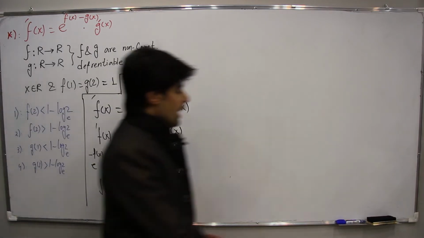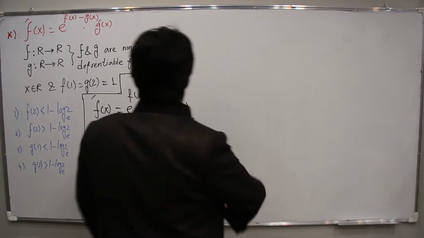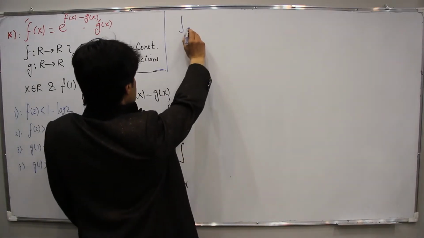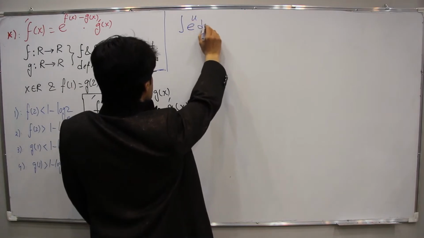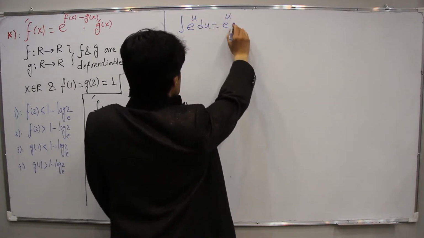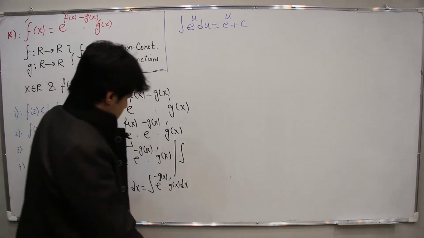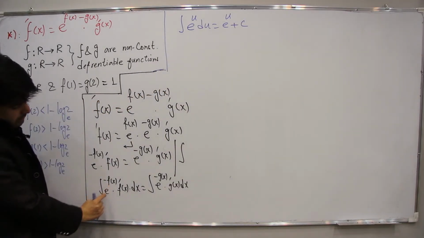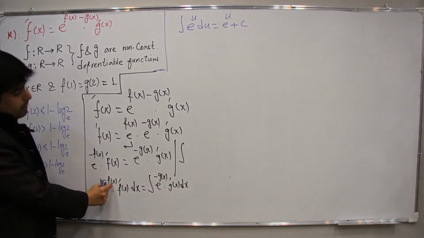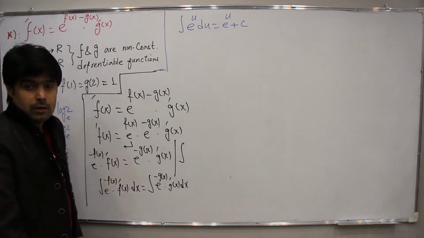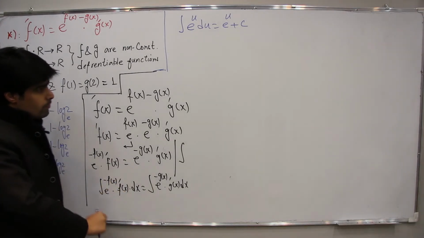One thing, we have a rule in integration: the integral of e^u du is equal to e^u plus c. Now we have e to the power of something, maybe like u, but in here we have f'(x). Now what should I do?